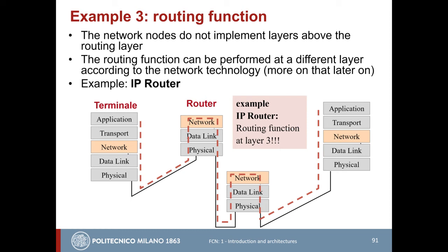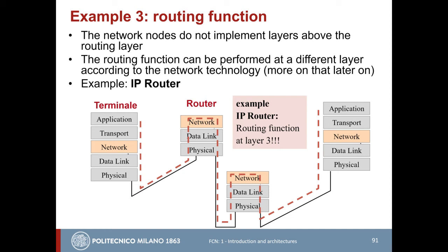So in a router, you don't need to implement the upper layers. You don't need the transport layer and the application layer. Transport layer and application layers must be implemented in the host, both in the client and in the server.